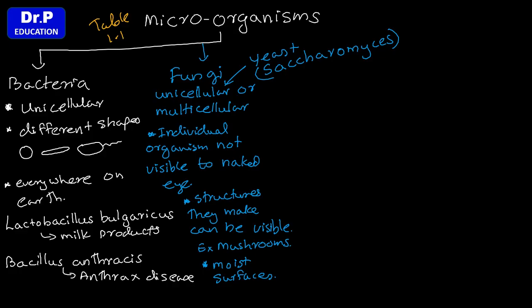An example of a multicellular fungi is the fungi that grow on bread. You must have seen bread mold. On bread, you have seen some blackish, bluish stuff growing sometimes. This fungi is called Mucor.